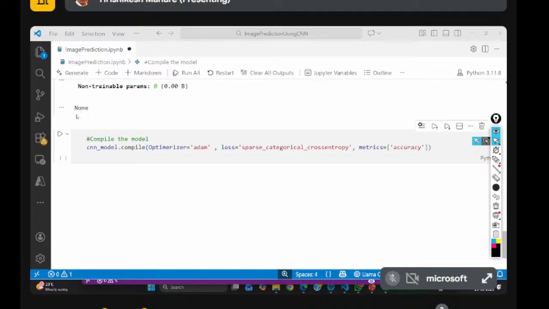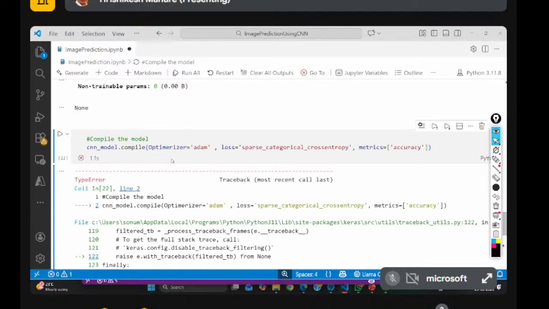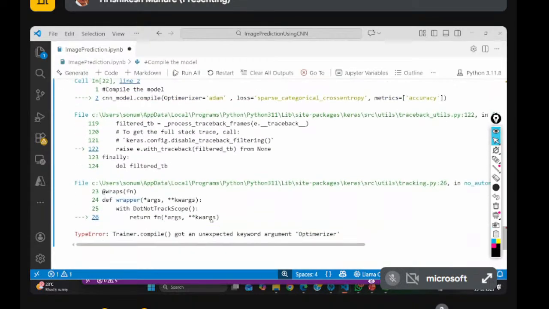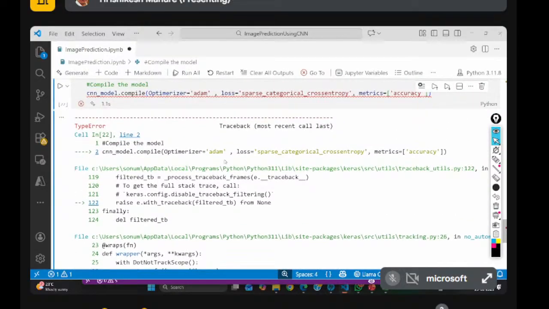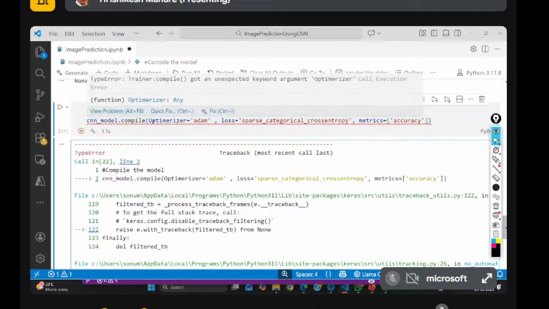Done? Optimizer. Sorry, not a capital O. What happened? Small o.